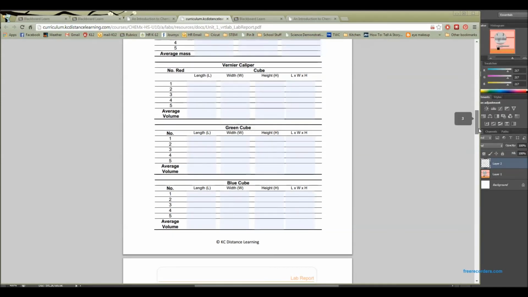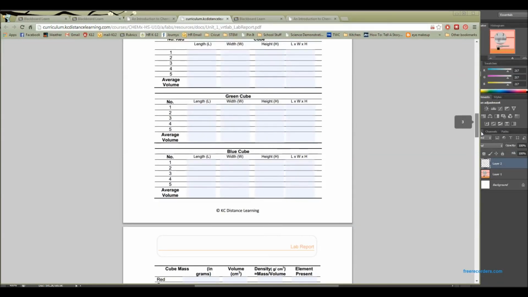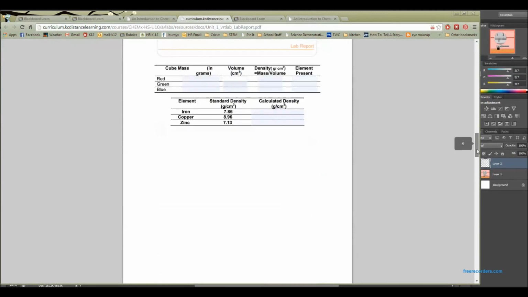For the sake of time and learning environments, we don't always use averages because we don't have time to run experiments multiple times. So here you're going to do your measurements. Again, you're going to do your calculation just like last time. Then you tell me which density corresponds with the iron and copper and zinc standard accepted values.